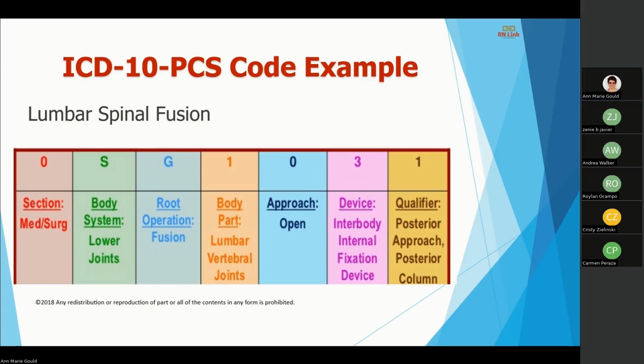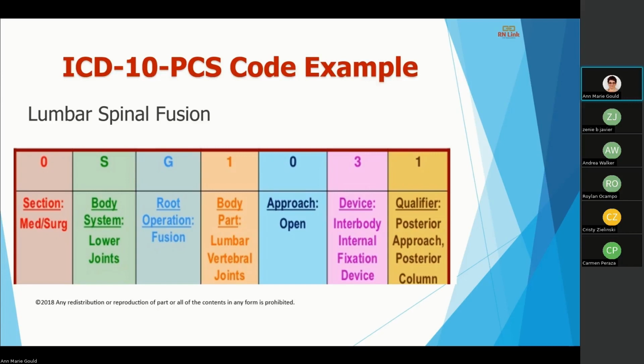So of course, for this lumbar spinal fusion, we have character 1 is section, which is med-surg 0. Then your body system is your lower joints, and that's designated as S. Root operation is the fusion, and that's G. And then your body part, what do they fuse? It was your lumbar vertebral joints. That would be number 1 for that character.